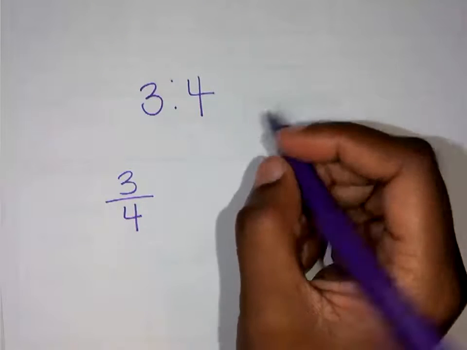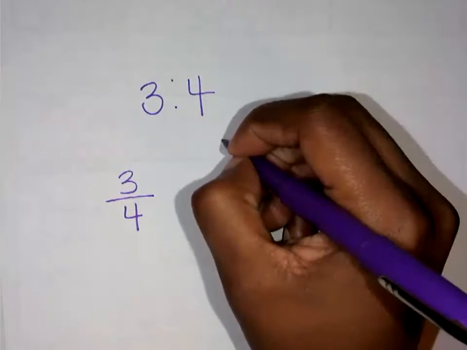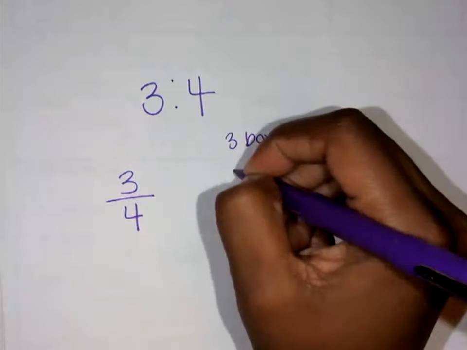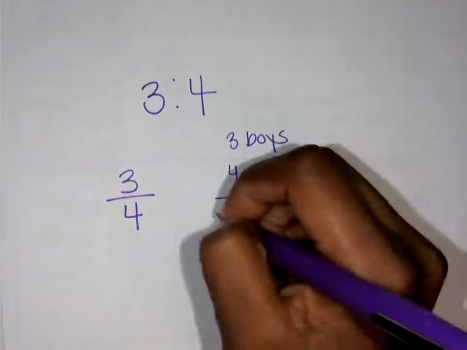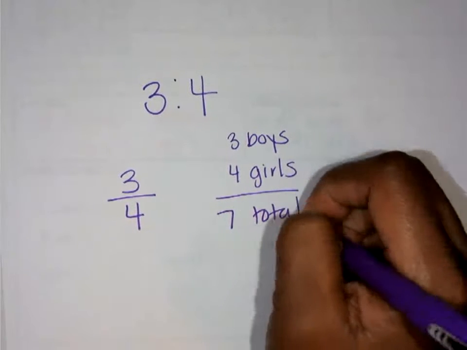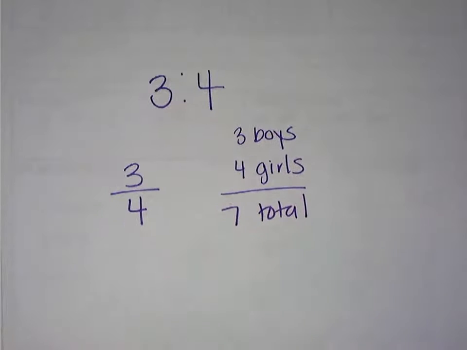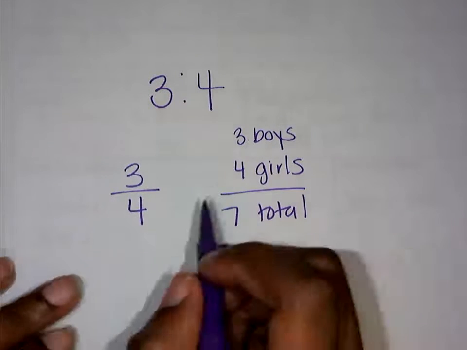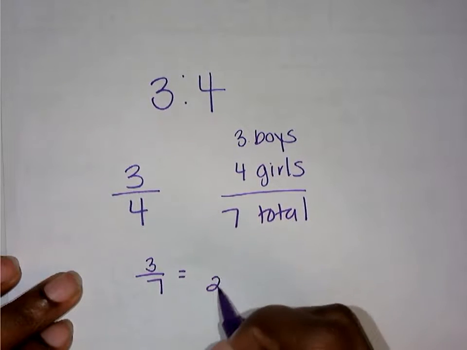So what you have to do is the same thing as in that first problem. You know that there are 3 boys and there are 4 girls. That gives you a total of 7 students in all, right? So in order to figure out how many boys there are, you do the boys over the total, which would be 3/7. And we know that we have to end up with 245.